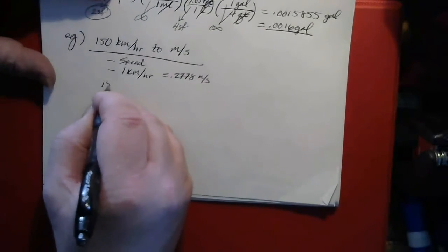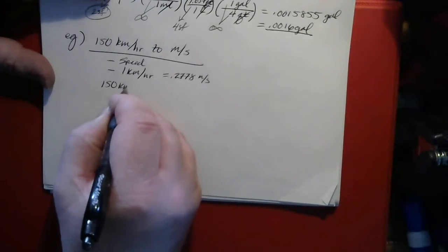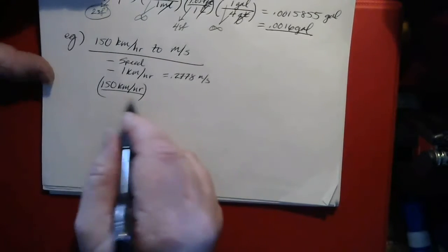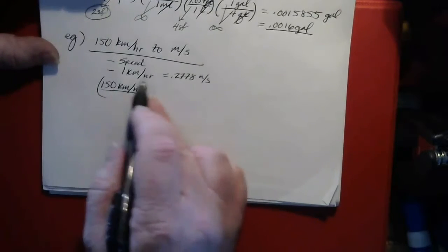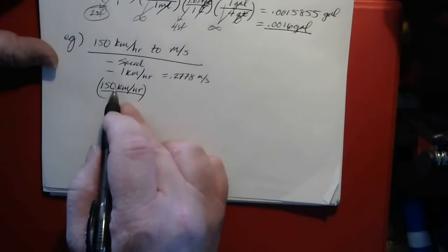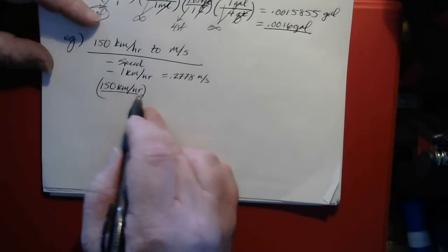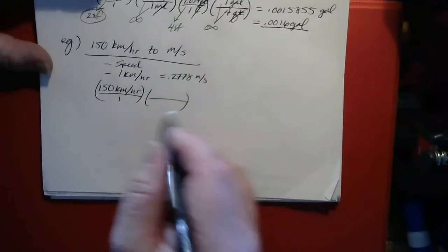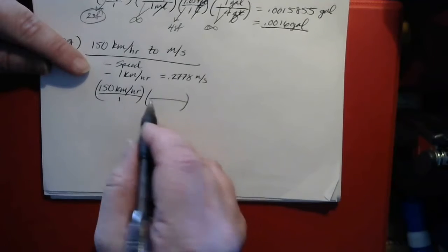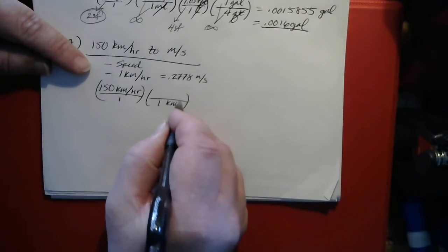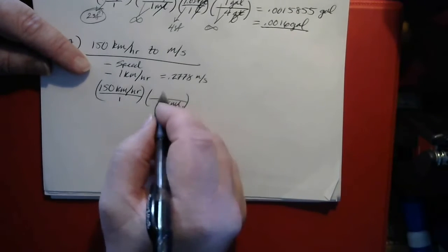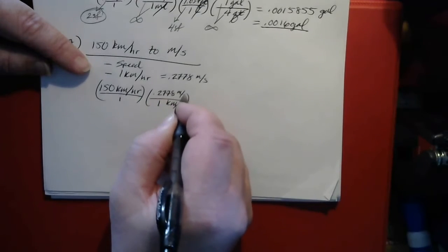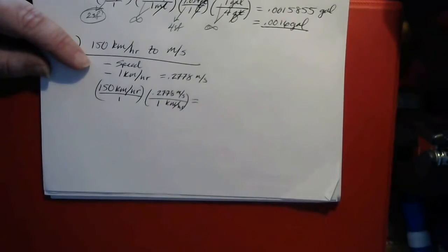So if we have, okay, we have 150 kilometers per hour. Since we're using the speed conversion, we can consider kilometers per hour to be entirely in the numerator. And our conversion factor is going to have kilometers per hour in the denominator and meters per second in the numerator.